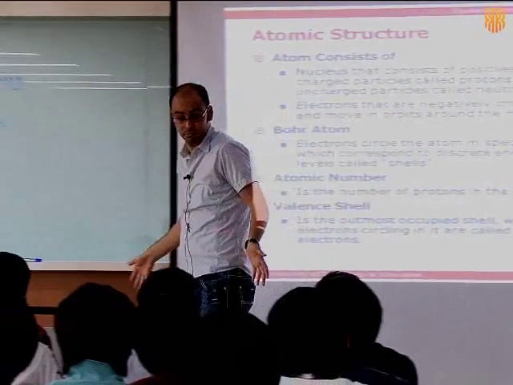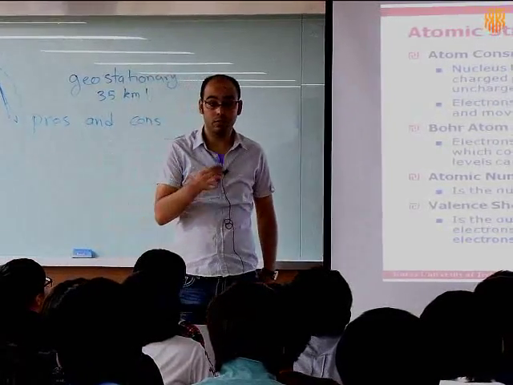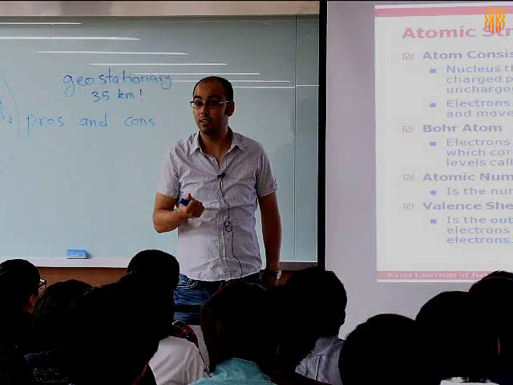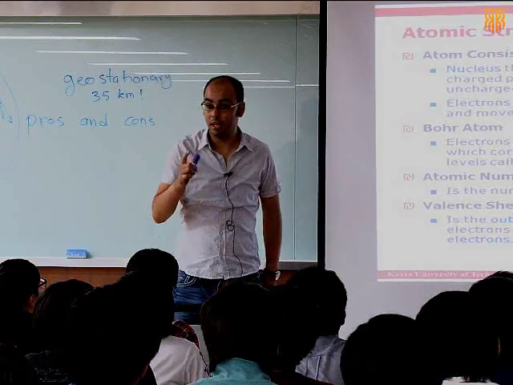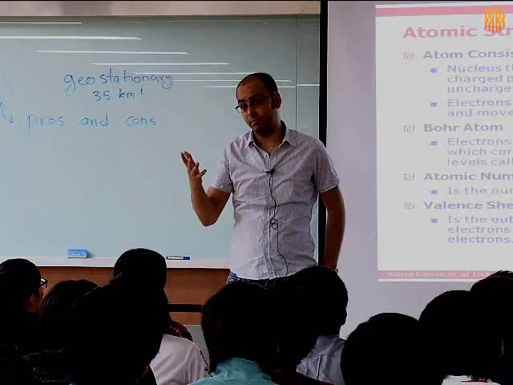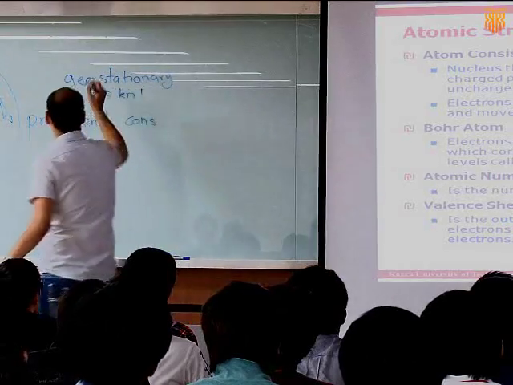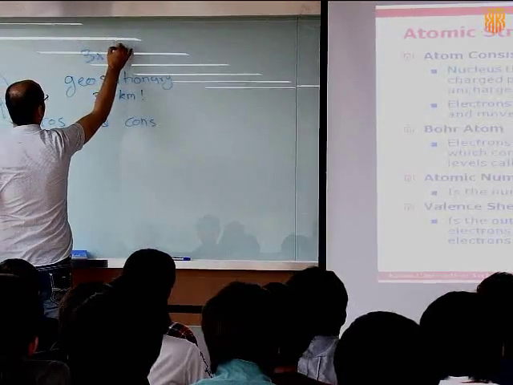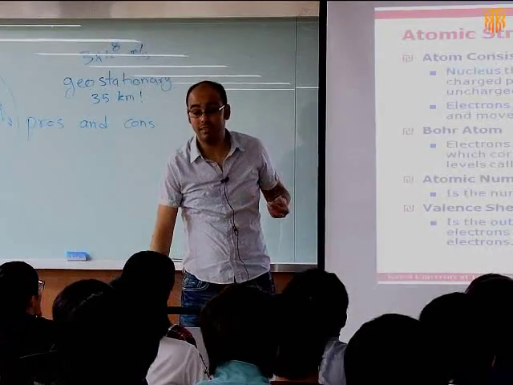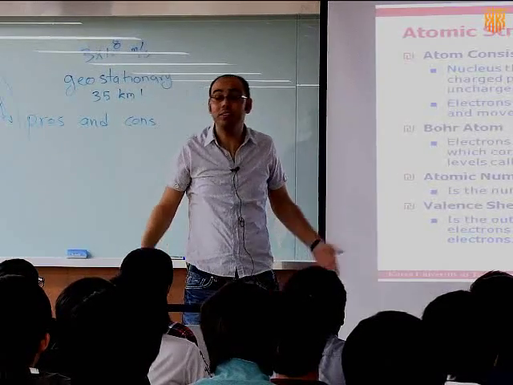It is 3 times 10 to the power 8 meters per second. This is the speed. But is it the speed of electrons or not? Or what is the speed of electrons?